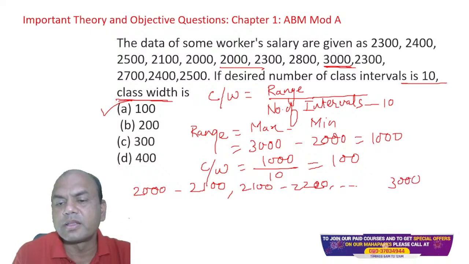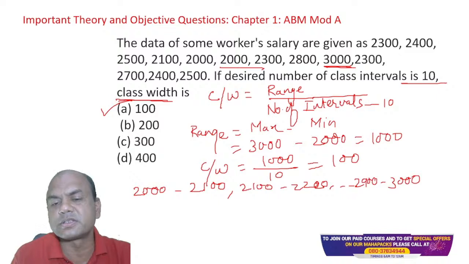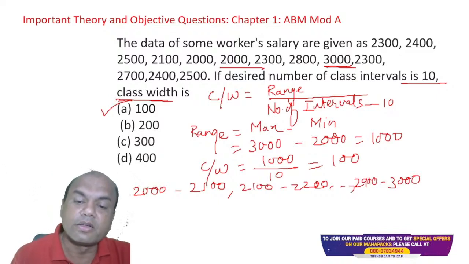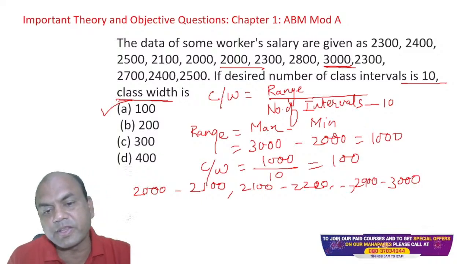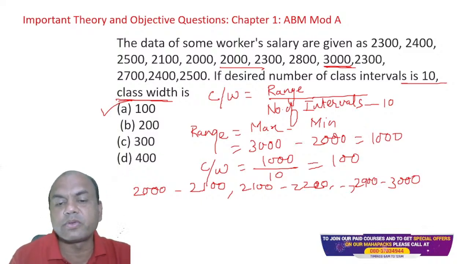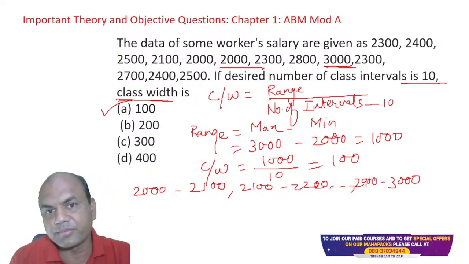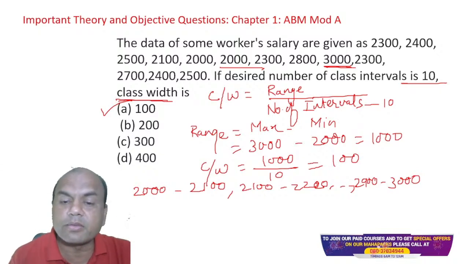The last class will be 2900 to 3000, right? So this is the meaning of width. Now you check the difference between each one: 2200 minus 2100, 3000 minus 2900, 2100 minus 2000. So width will always remain the same.